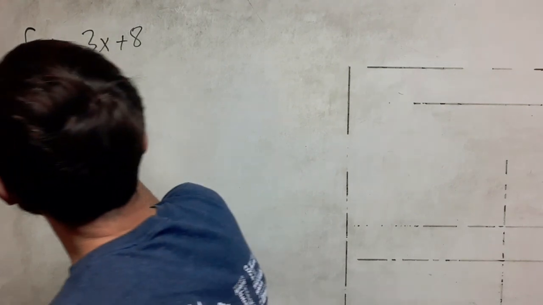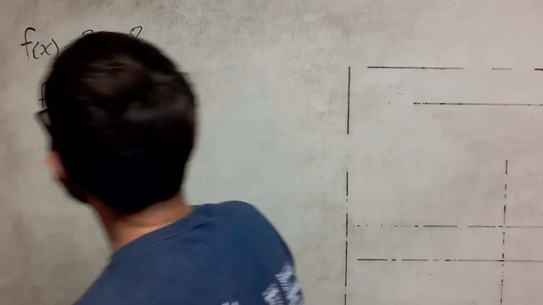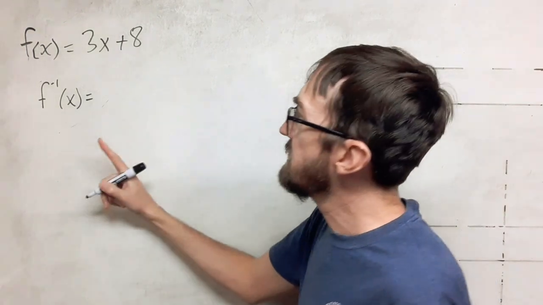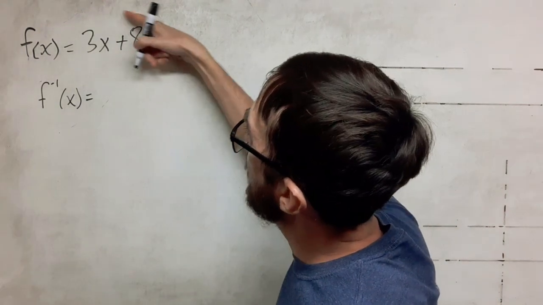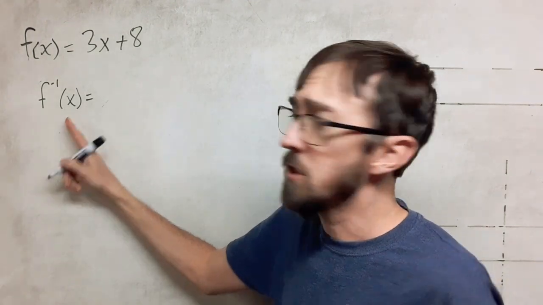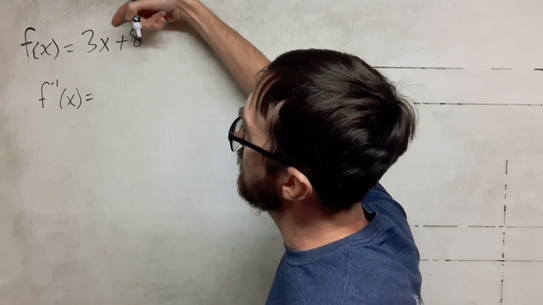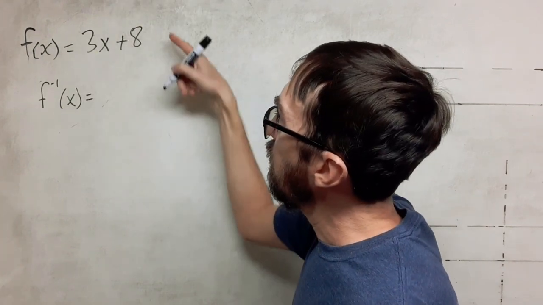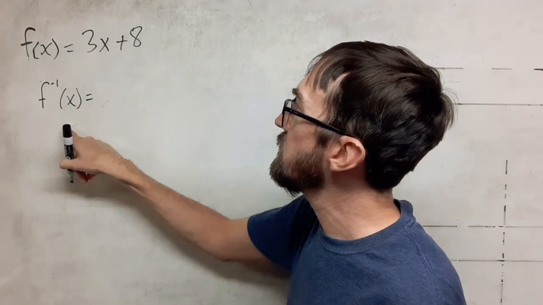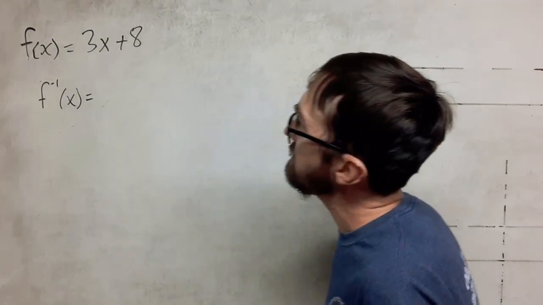We denote the inverse function with a -1. What we want in this case is that for every output from this function, it becomes the input for this function, and the output from this function would be the input that we had put into here. In other words, this function is going to undo whatever this function does.